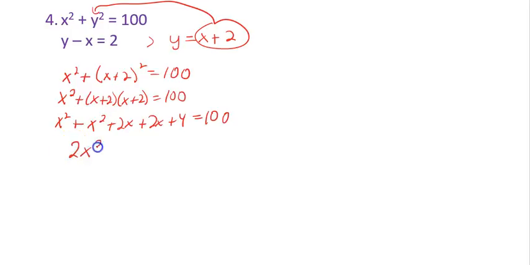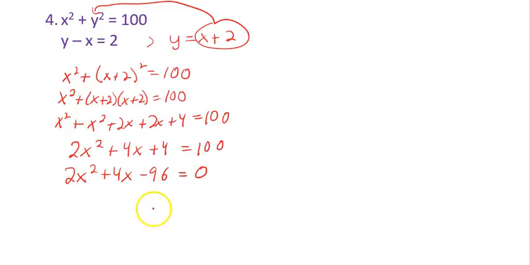That's going to give me 2x squared plus 4x plus 4. And because this is now quadratic, I realize I need it to be equal to 0. So I'm going to subtract the 100 and have a minus 96 over here.